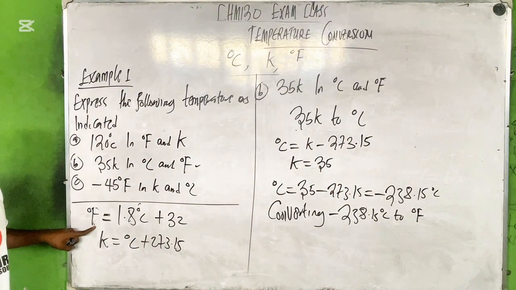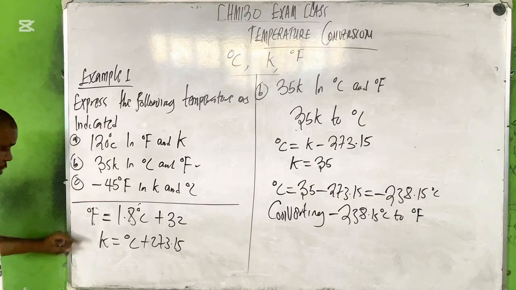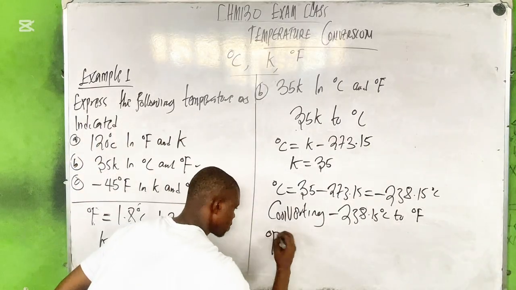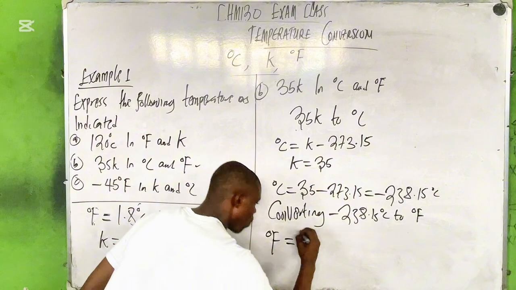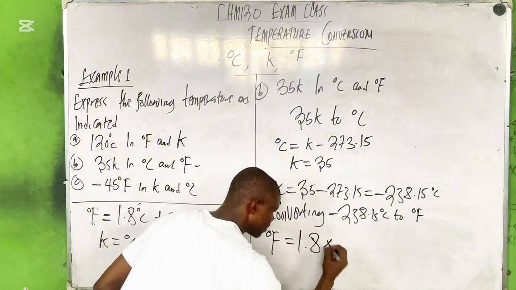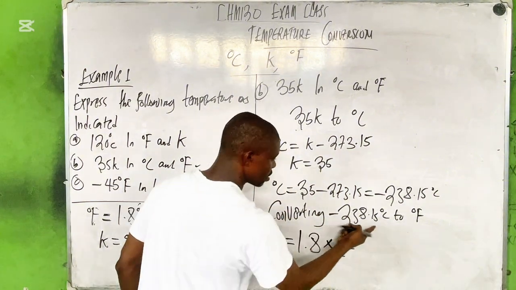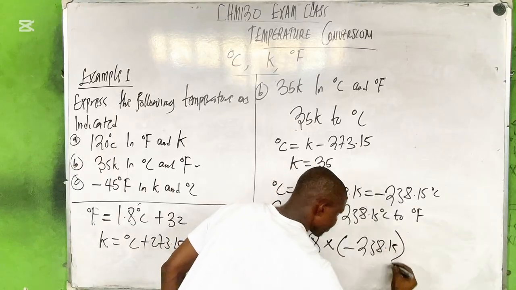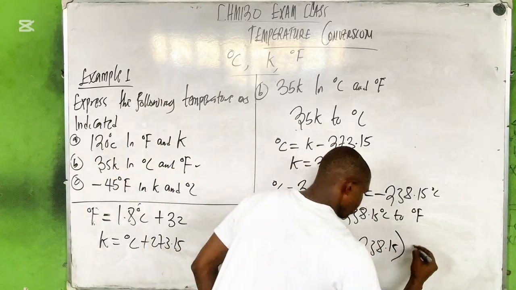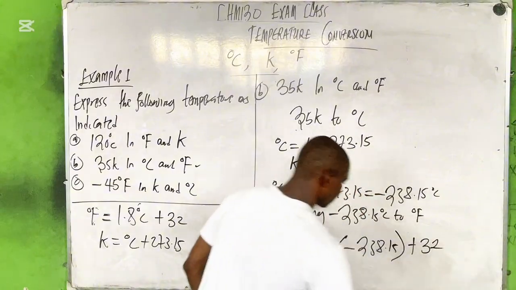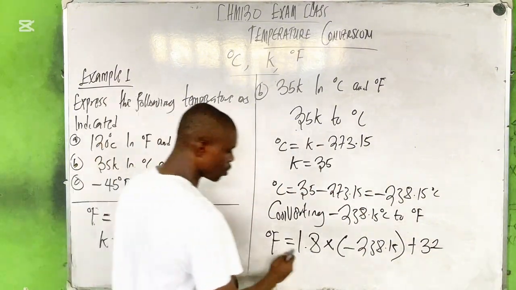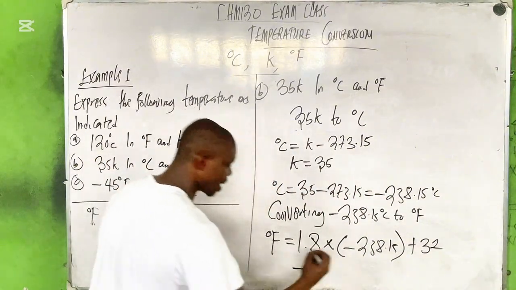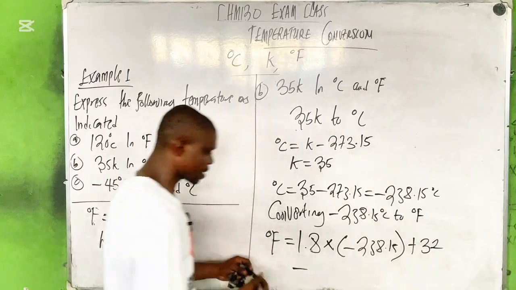So here we have equals 1.8 times minus 238.15, bracket close, plus 32, right? So here we're going to be minus 1.8 times this. What is the answer?